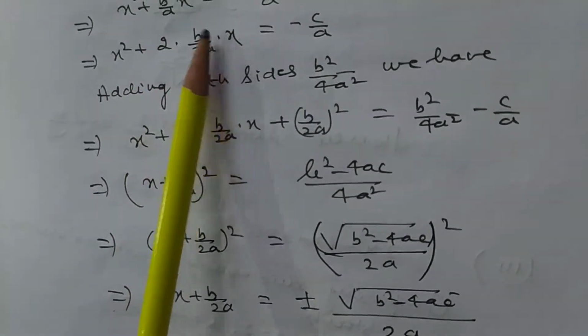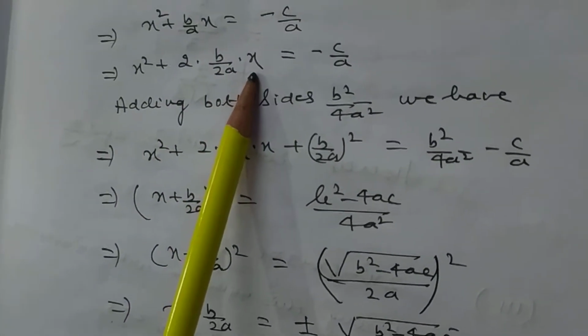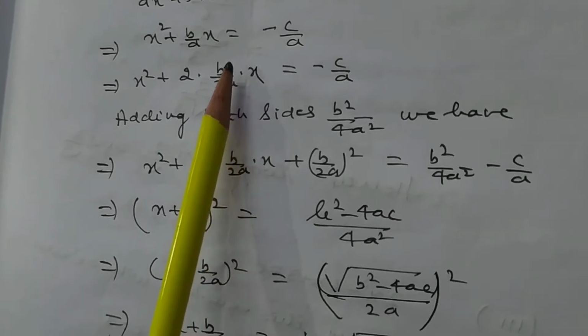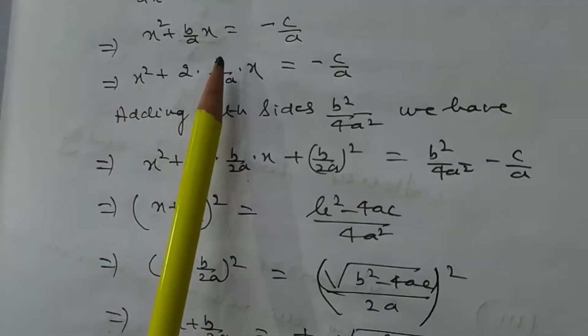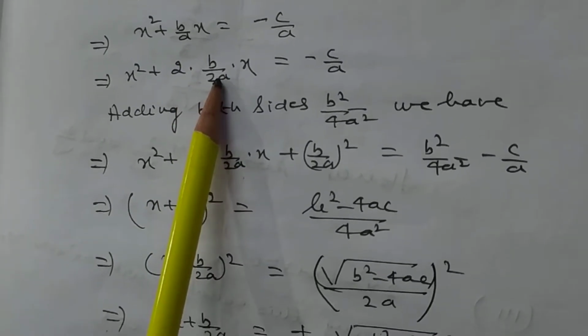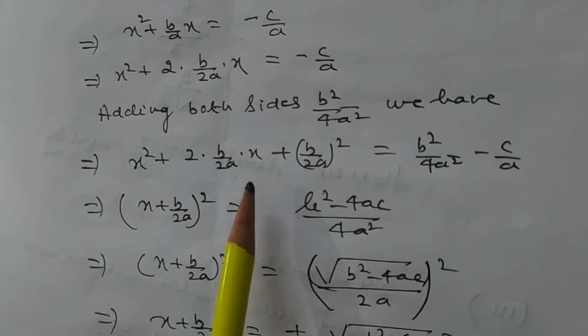We can rearrange this second term: b by a into x can be written as twice b by 2a into x. So if this is x, this b by 2a is y. So adding y square to both sides, we will get a complete square.